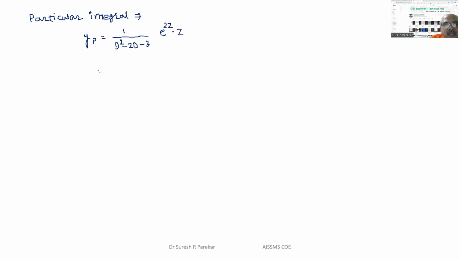E to the power 2z we can take outside. So e to the power 2z, and in that case we will get D as D plus 2 whole square minus 2 into D plus 2 minus 3 into z.